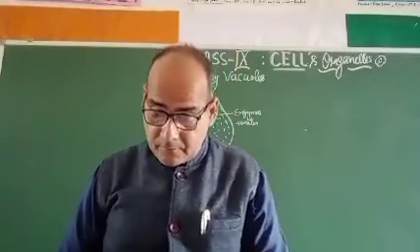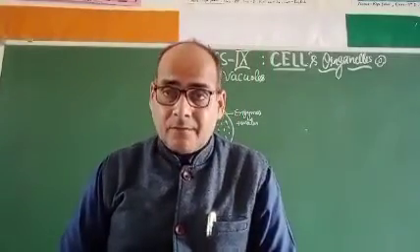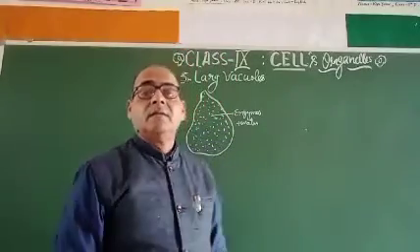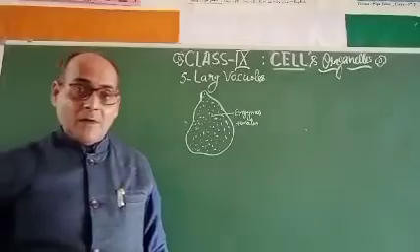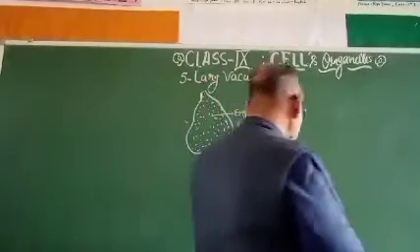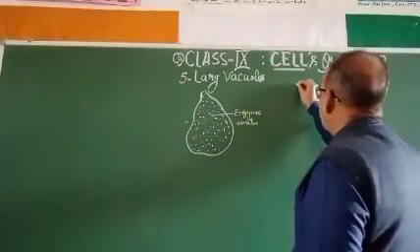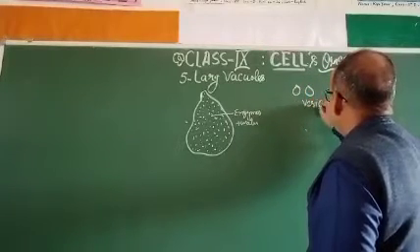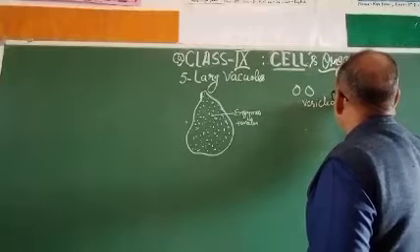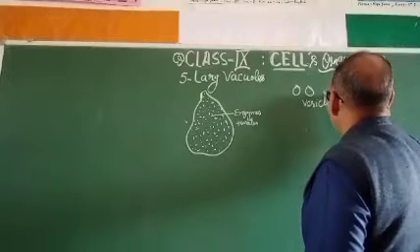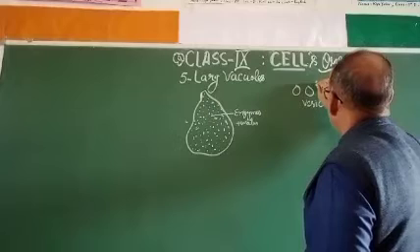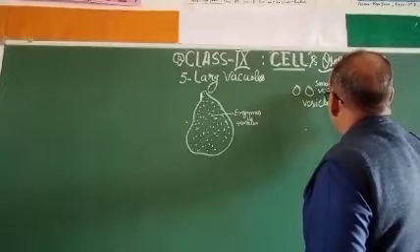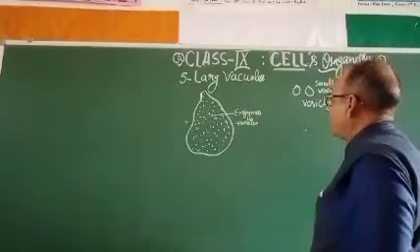And the enzymes are for the purpose of several biochemical functions in the cell. Small vacuoles are found in the animal cells. Small vacuole, something like this, a small vesicle. Vesicles are small vacuoles that are found in the animal cells.